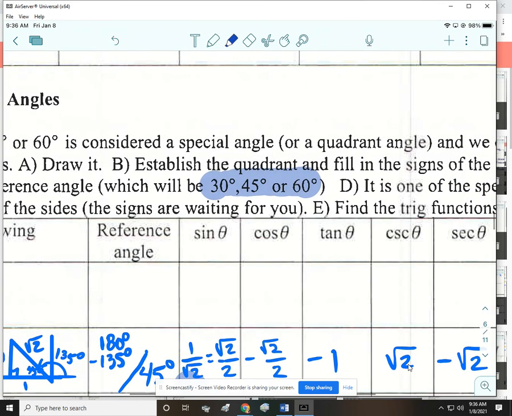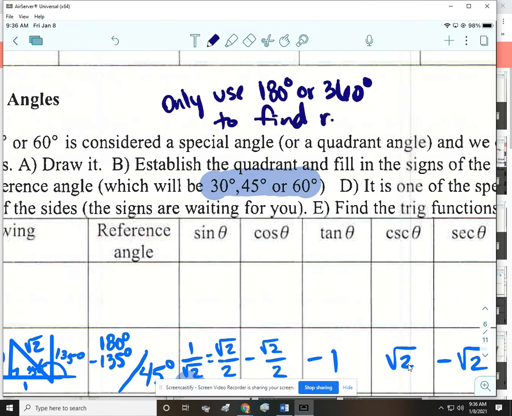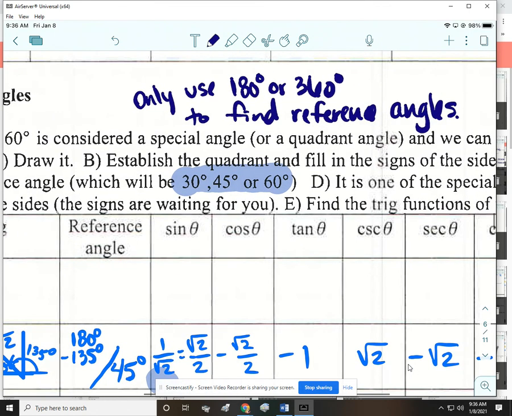And when you're finding reference angles, you always use either 180 or 360 degrees. So only use 180 and 360 degrees with your subtraction to find the reference angles. You're not going to ever use 270 or 90. Please don't do it. Just use 180 and 360.